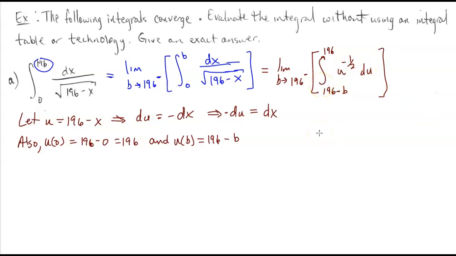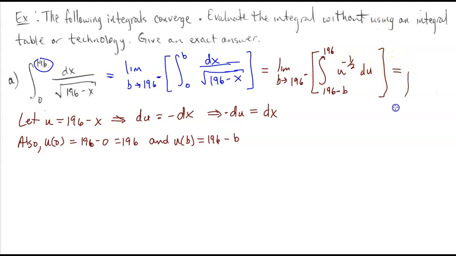And so now all we need to do is just integrate what we have by taking the antiderivative of u raised to the negative 1/2 in terms of u. Simplifying that answer once we're done applying the net change theorem, and then evaluate the resulting expression, evaluate the limit of that as b approaches 196.